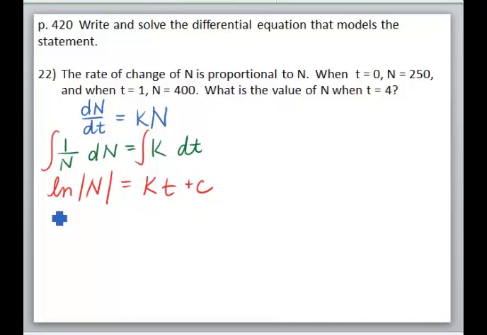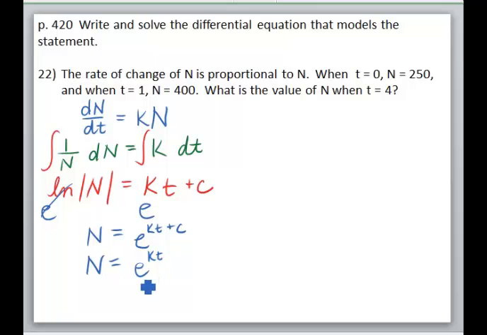What I'm now going to do is get rid of my ln by eing both sides, so those fall out, and I get n is equal to e to the kt plus c. Pretty soon I'll stop doing this, but I want to show you again. This is e to the kt times e to the c. Remember, this just changes into a big C, and so I end up getting n is equal to big C e to the kt. Now that's the equation we're going to be using.